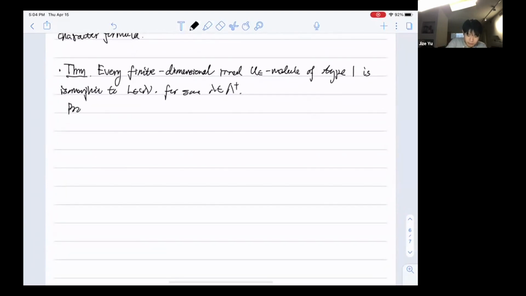I should say the proof is similar to the classical case.